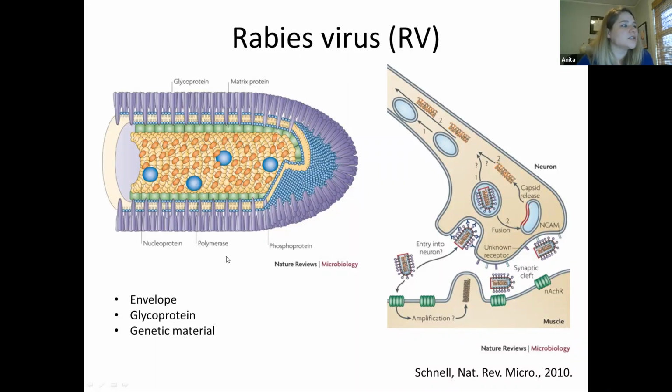So basically there are some essential components of the rabies virus that are of interest for neuroscience, and that's the envelope protein, the glycoprotein, and then of course the genetic material. We're going to completely take out all the virulence factors and replace it with our genes of interest. So with wild type rabies, basically they get into a cell. It's actually thought to be mediated through nicotinic acetylcholine receptors, which I think is kind of interesting.